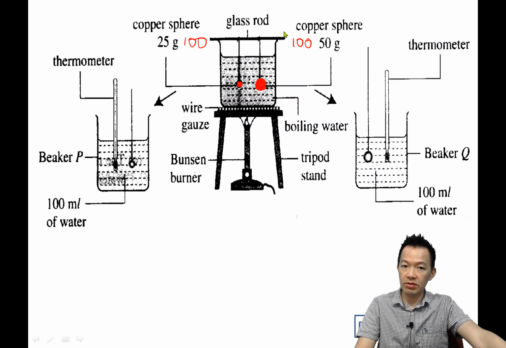这两粒铜球到底有没有一样的热能呢？So now we transfer the two copper spheres into two different beakers,把它们放进去。Okay, so the big copper sphere,比较大粒的那一个,does it cause a higher rise of temperature in the water or less? 大粒的铜球它造成这边的水上升比较多,还是上升比较少呢？比较多啦。Why?